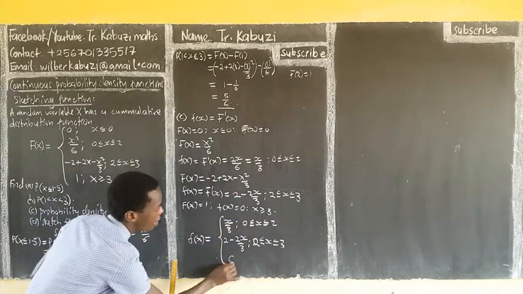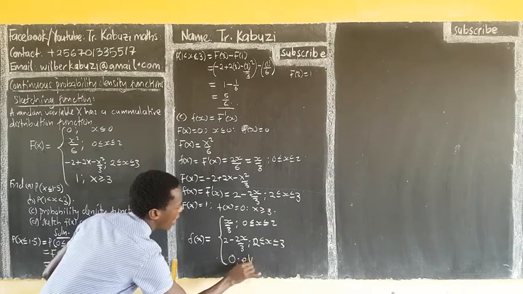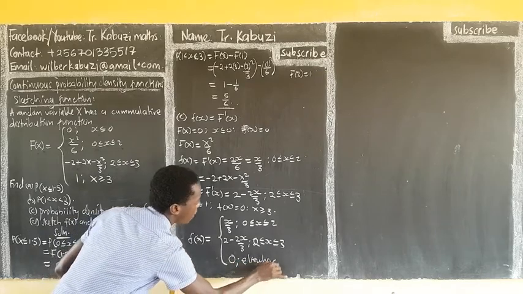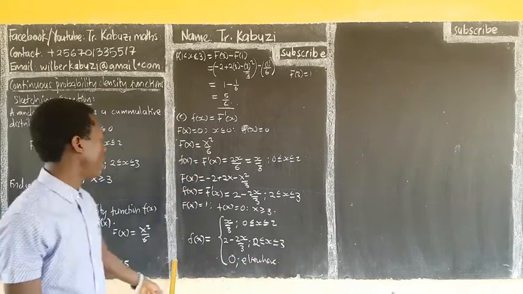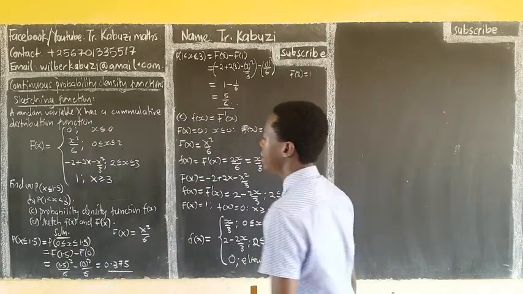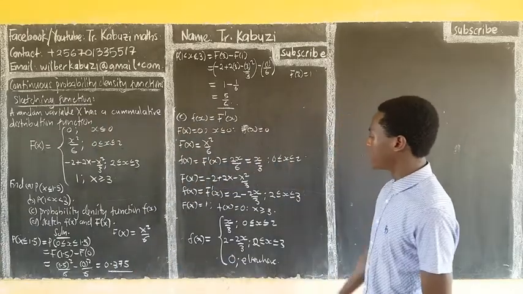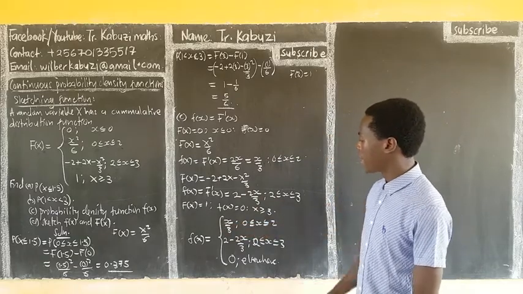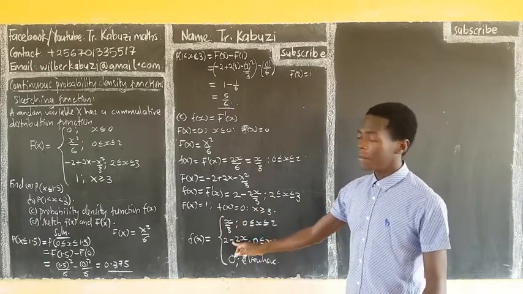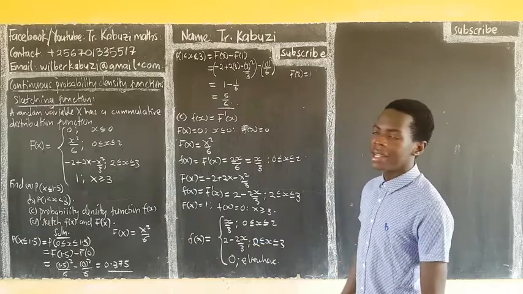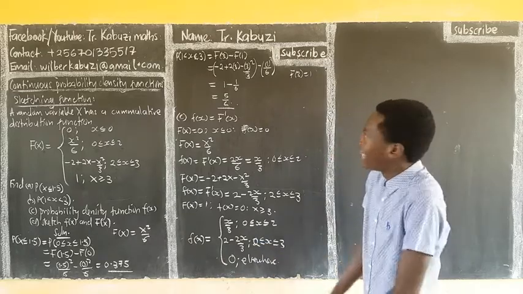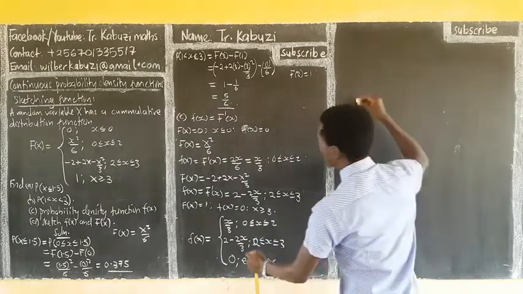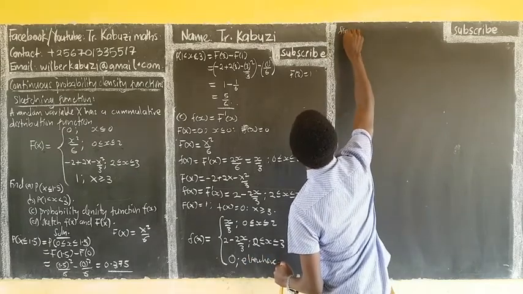That's why we put 0 elsewhere. And so you have your small f of x. Then sketching it, you see this one is a line with a positive gradient, so it is increasing from 0 to 2. This one is a line with a negative gradient, so it's decreasing from 2 to 3. But let us go through this, through the basics.